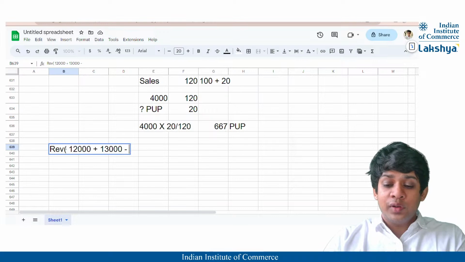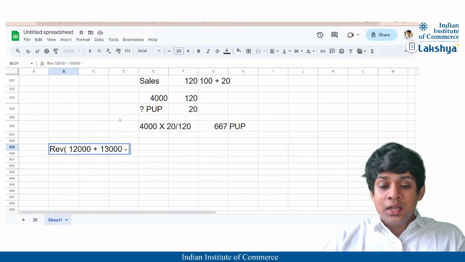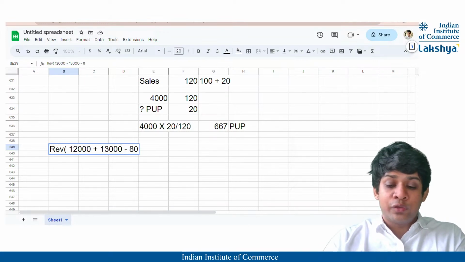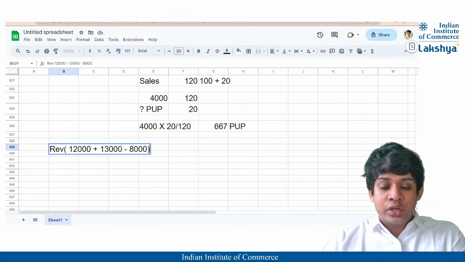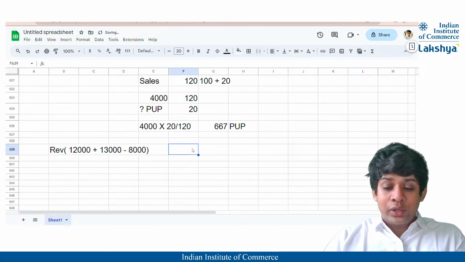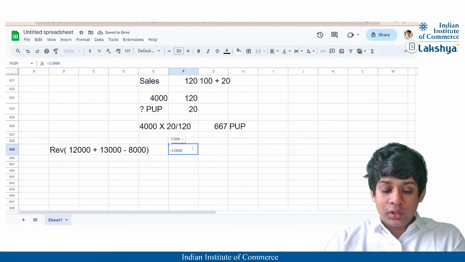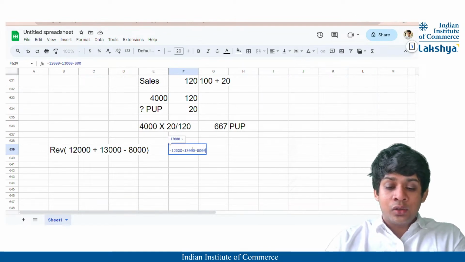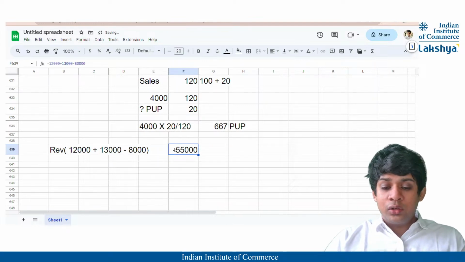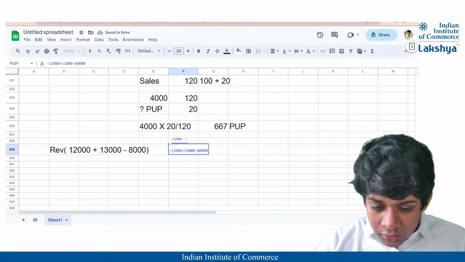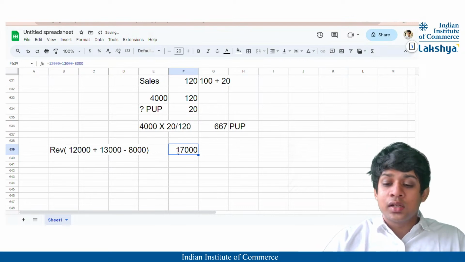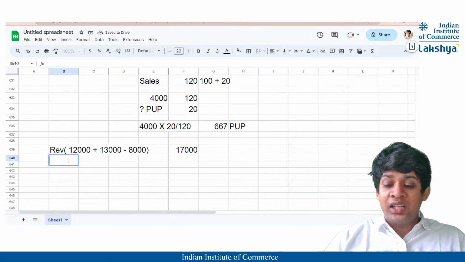From this, firstly the intra-group sales will be removed, that is, they sold goods worth 8,000. For one entity it is a revenue, so it shall be removed from the revenue. So it is 12,000 plus 13,000 minus 8,000. Oops, what is the mistake here? I stated 80,000. Yes. So the revenue is 17,000.